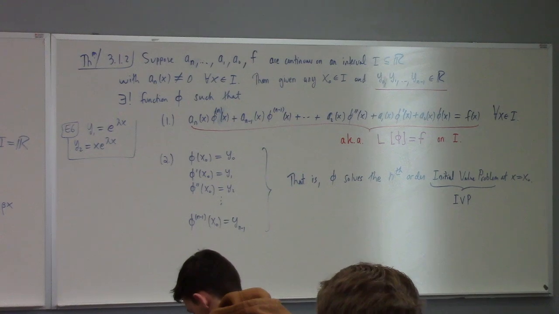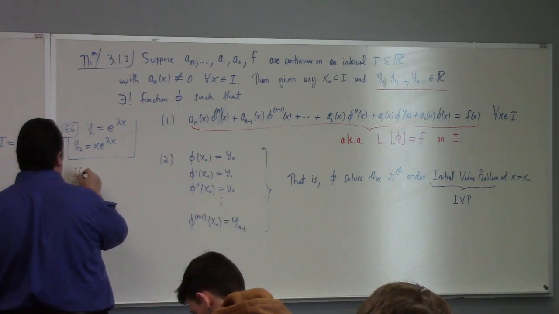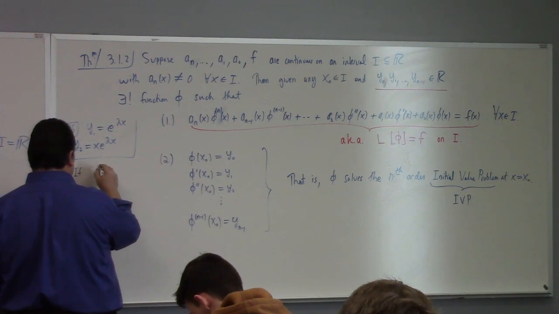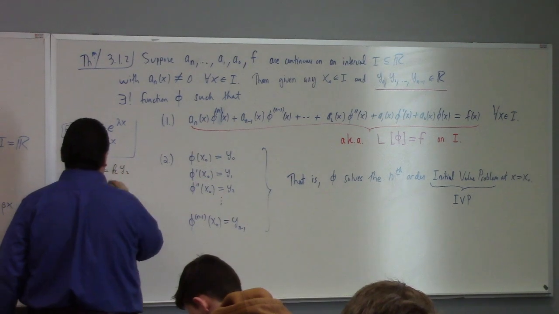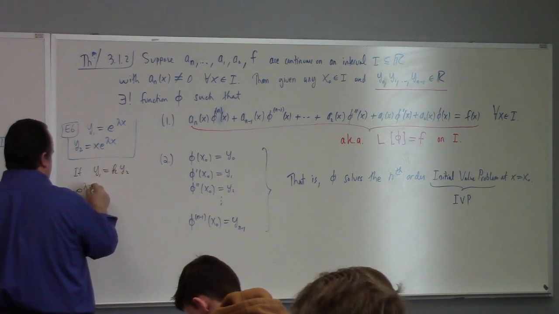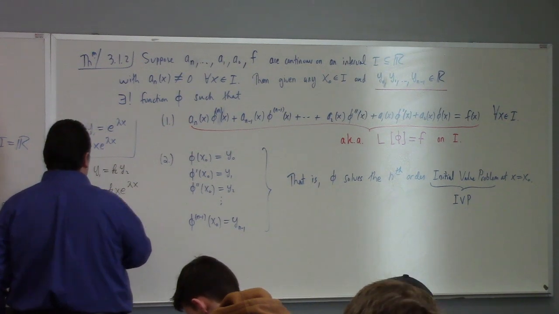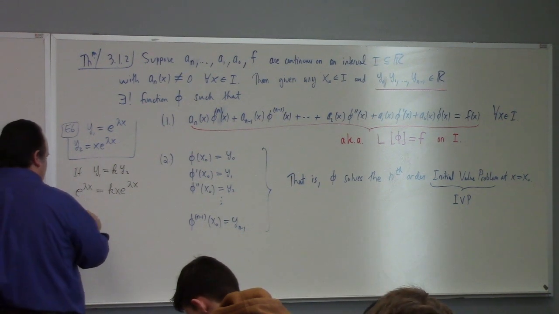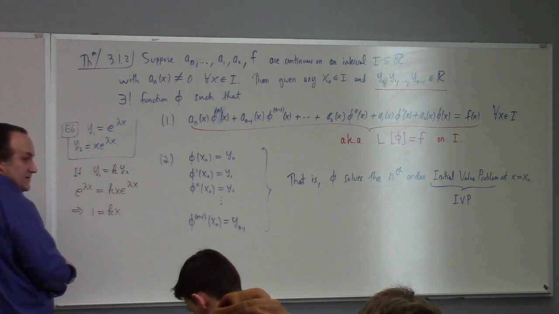Like if y1 was equal to a constant times y2, that would say that e to the lambda x is equal to a constant times x e to the lambda x, which is to say that 1 is equal to kx, right?